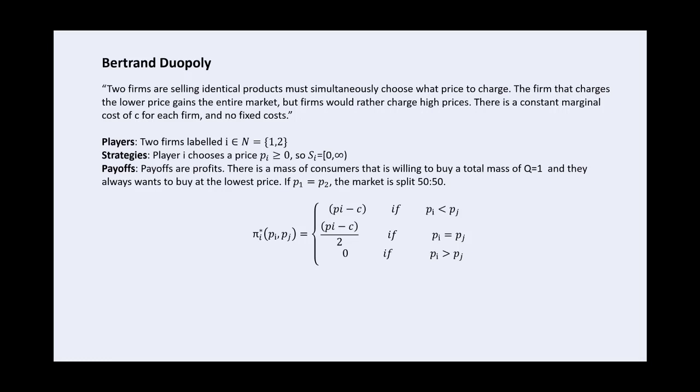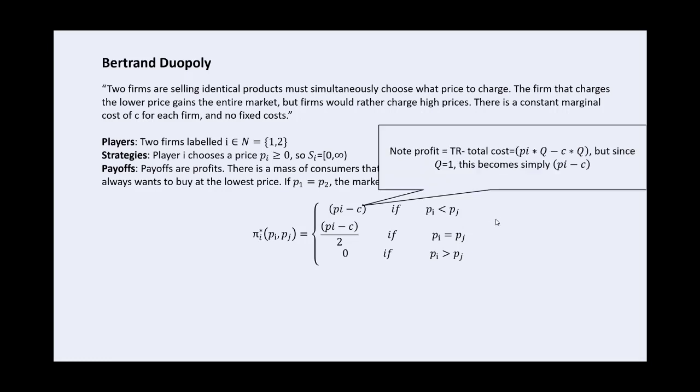Now the profit function of firm 1 can have 3 different forms based on the relative price it sets. If firm i sets a price lower than firm j, which is the first line, they get all the consumers, since consumers want to pay the lowest price possible. And since the profit function is Q times price minus marginal cost, and Q is 1, we can express the profit as just price minus marginal cost when p_i is lower than p_j.